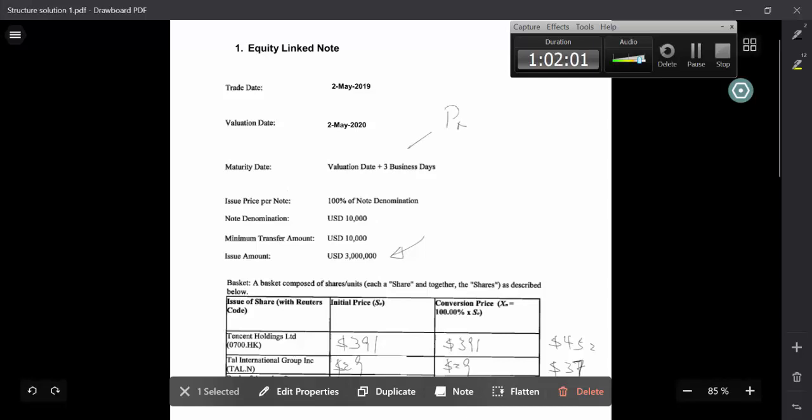Some are principal protected. Some are not principal protected. When they are not, there can sometimes be a floor, but sometimes the worst case can be 0. Now, the variety that you are seeing actually is this one.